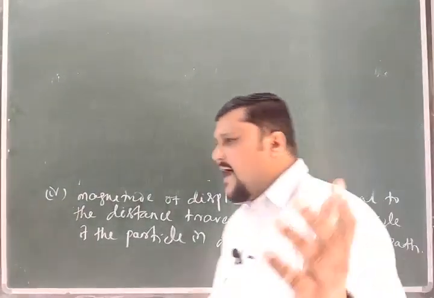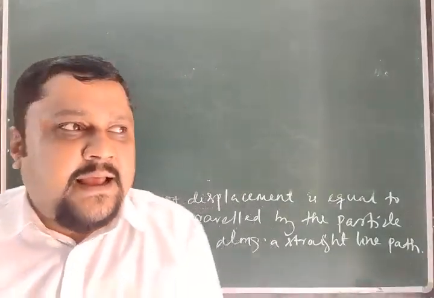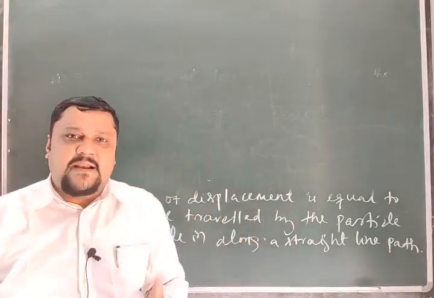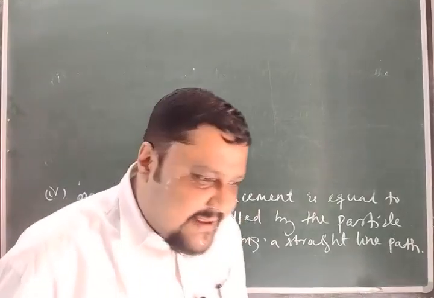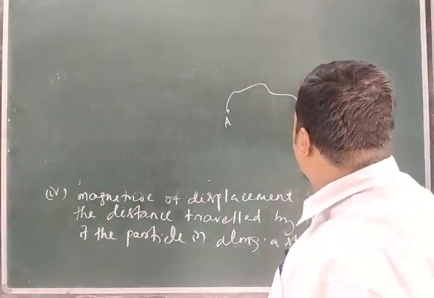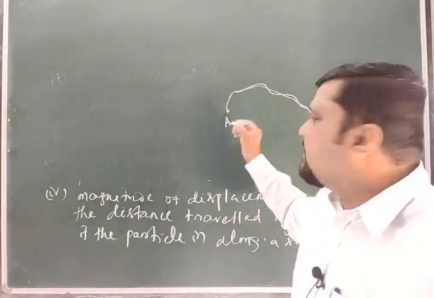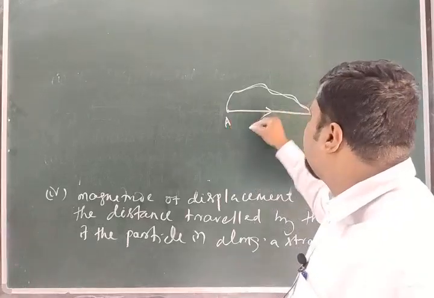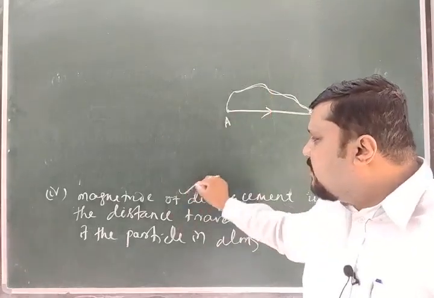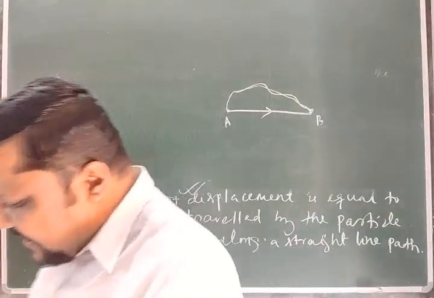You will never find that displacement is greater than the distance traveled, because the shortest path is the straight line joining the initial to the final point. If it moves in any other path from A and reaches the point B, this is the distance, and obviously it is greater, but the shortest is the straight path, this is the displacement. So the displacement is always less than the distance traveled in any other case.